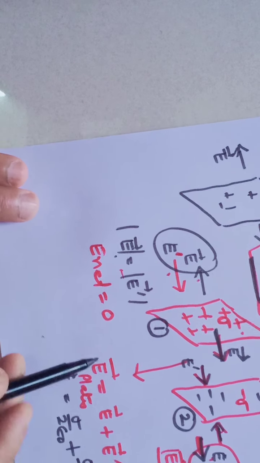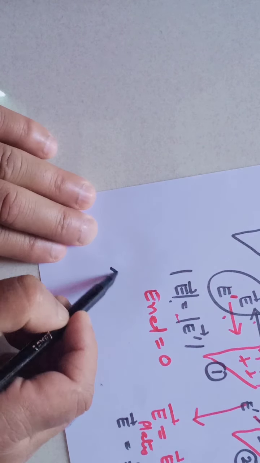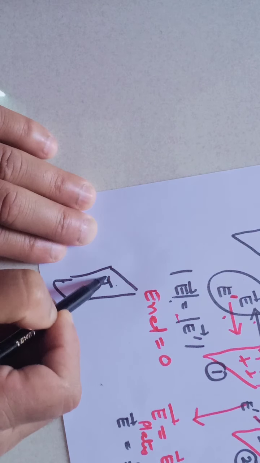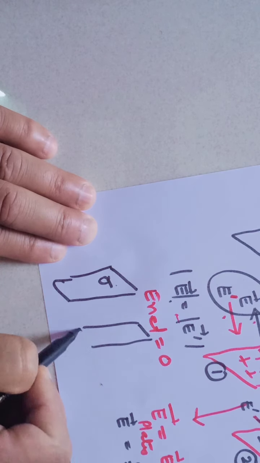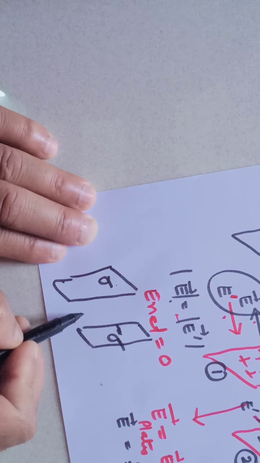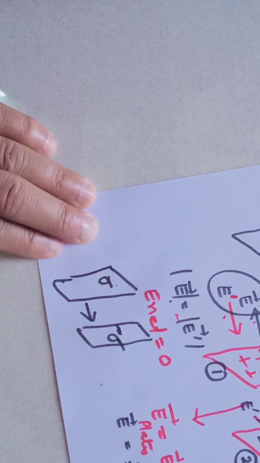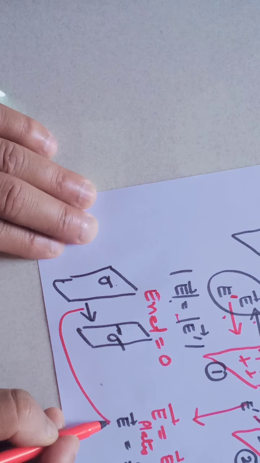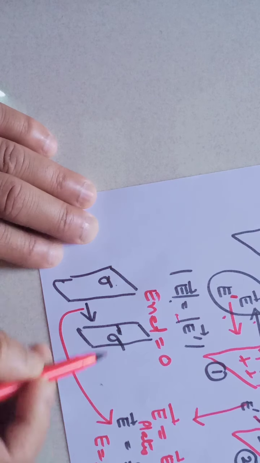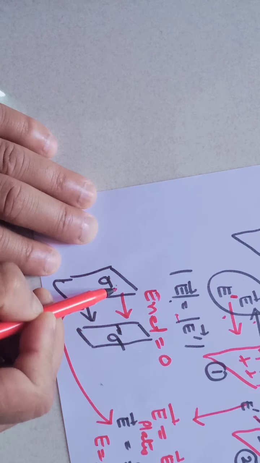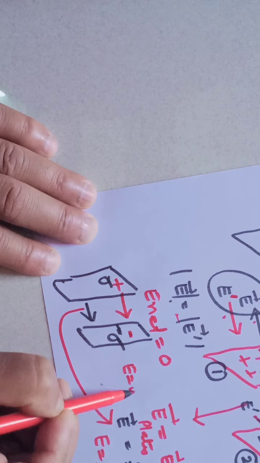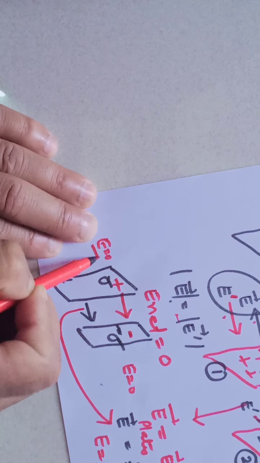So the electric field for two sheets having charge densities sigma and minus sigma kept in vicinity, the net electric field will have this value, E is equal to sigma upon epsilon naught, and it will point from positive charge to negative charge, and outside the sheets the field will be 0.